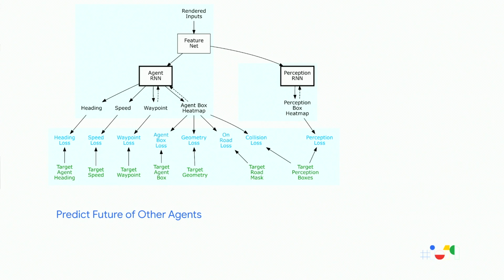So in this sense, using the same labels, we can drive this co-trained output as well. And because this particular RNN is branched from the same feature net that we use for agent RNN, it can actually improve the feature net and lead to better performance for the main task as well.